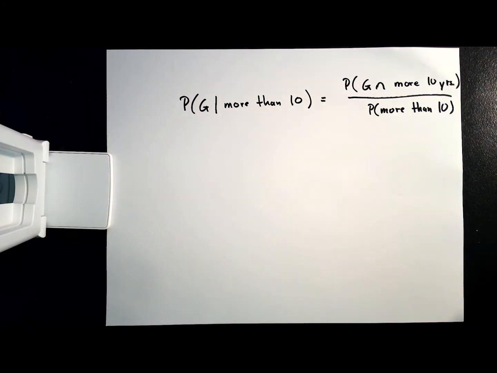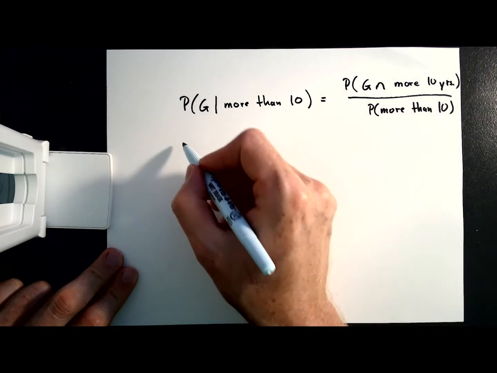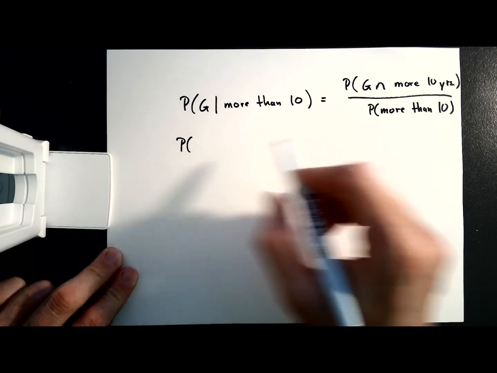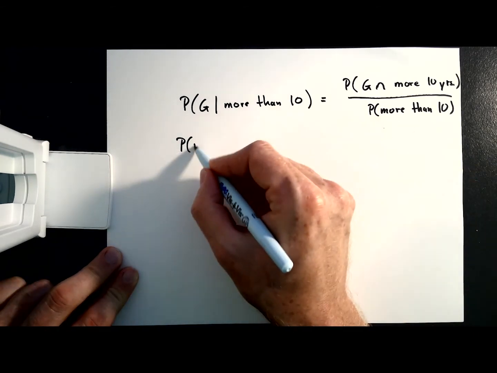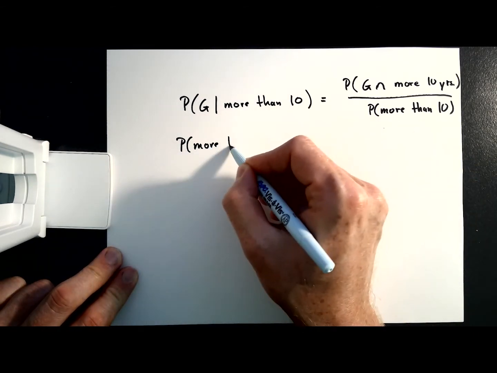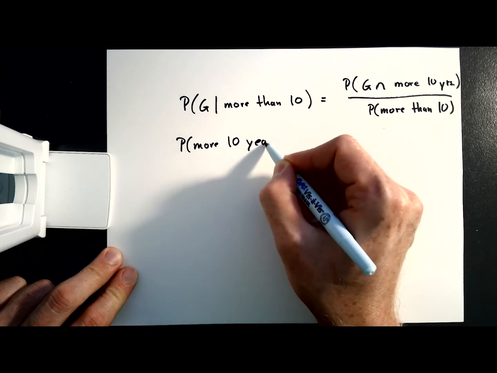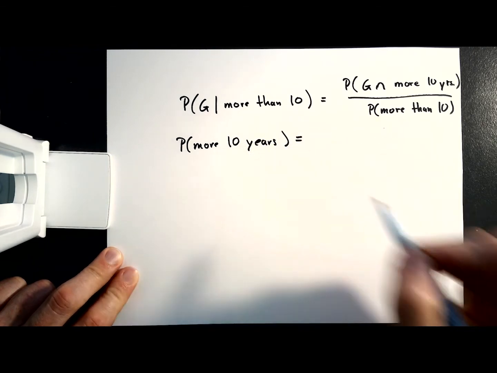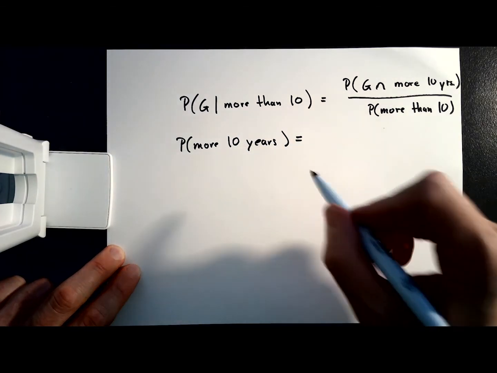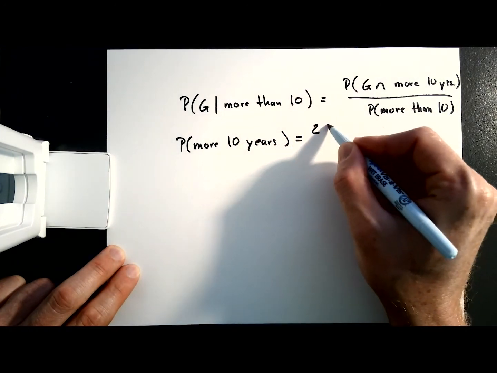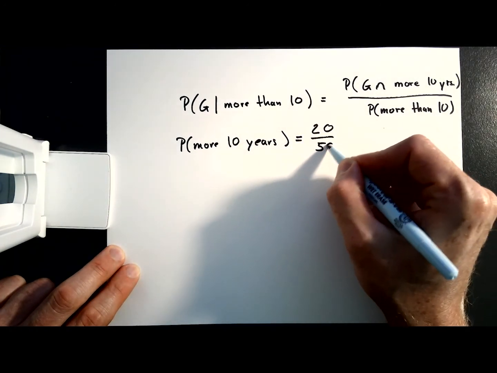Okay. Now, the probability of getting a plumber that has been in business for more than 10 years is 20 over 50.